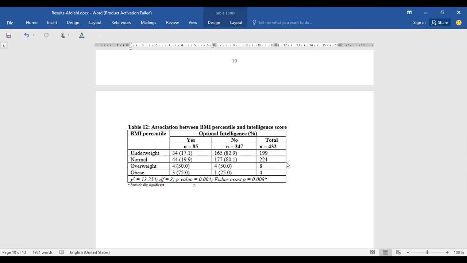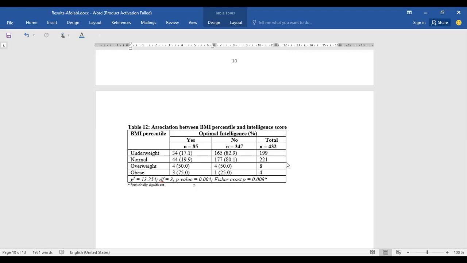If we have 2 of these cells with expected value less than 5, chi-square is not valid. And that is what has happened. If you want to check now, how do you calculate the expected value? Row total times column total. I'm sure the cell that will be the culprit is this one that has 4 and 3.